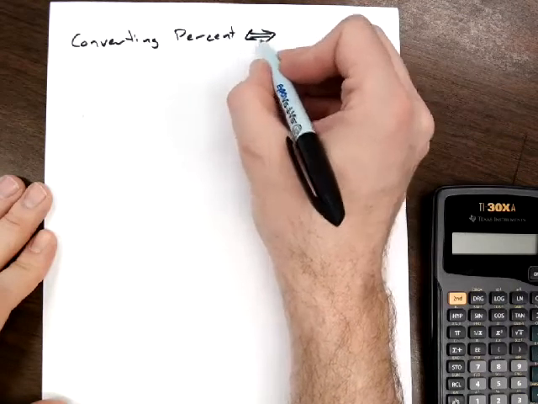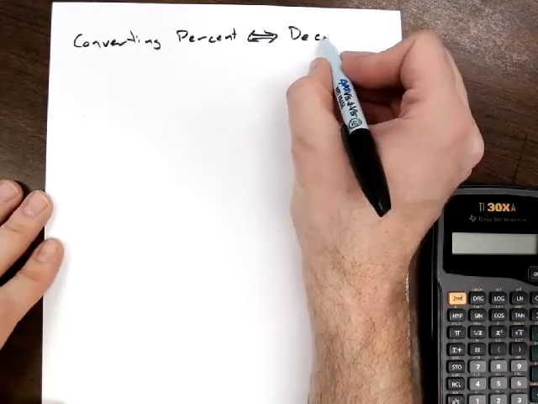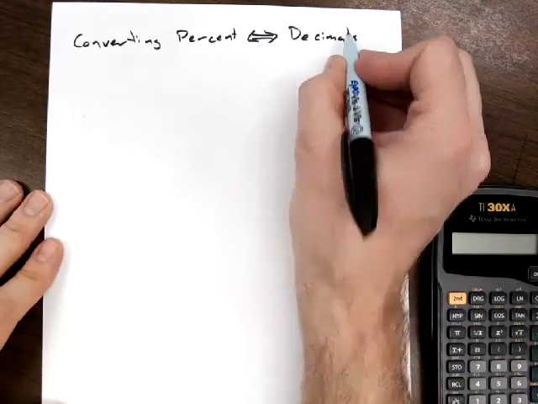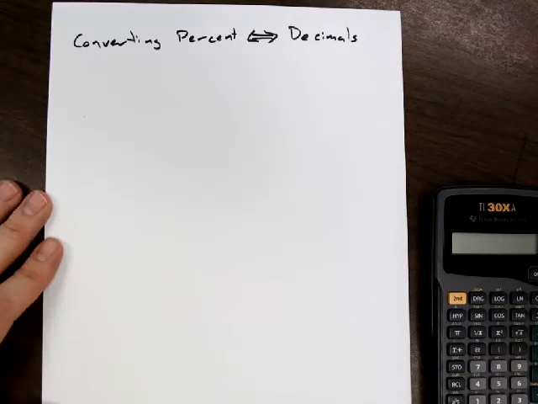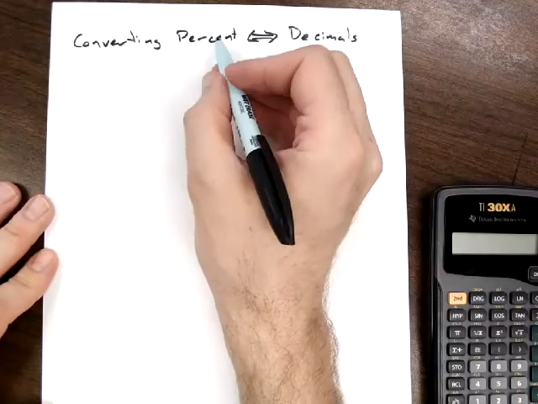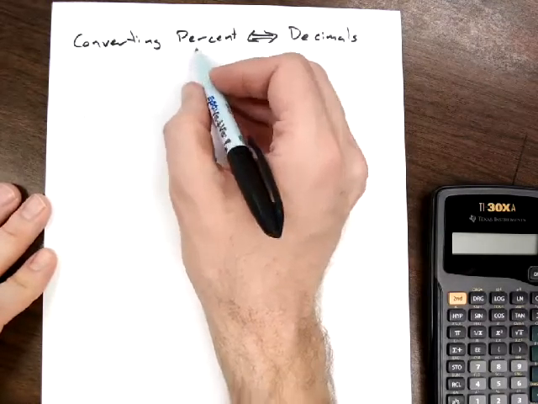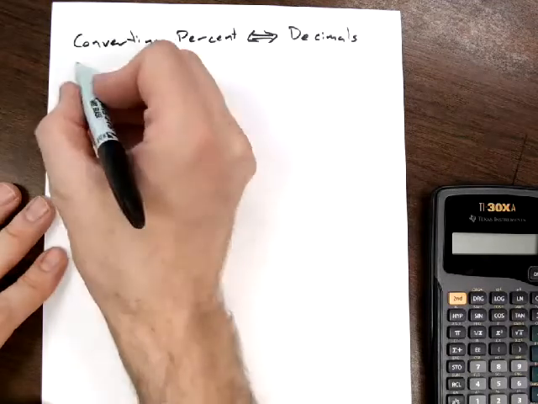The nice thing with this is that we're going to discover that because a percent is basically something divided by 100, all we're going to end up doing is using our powers of 10.